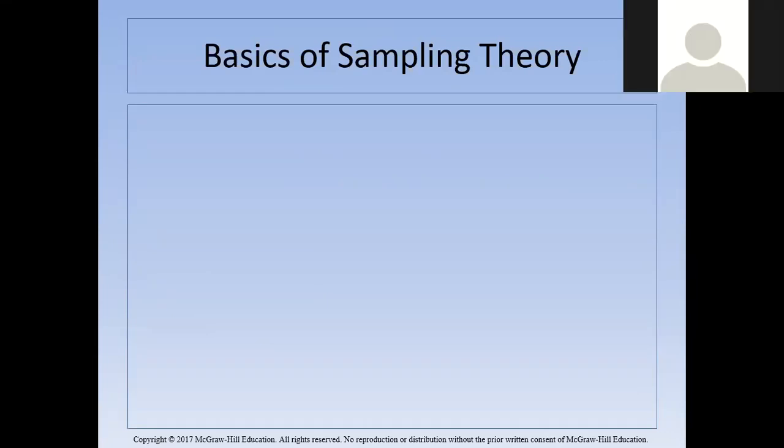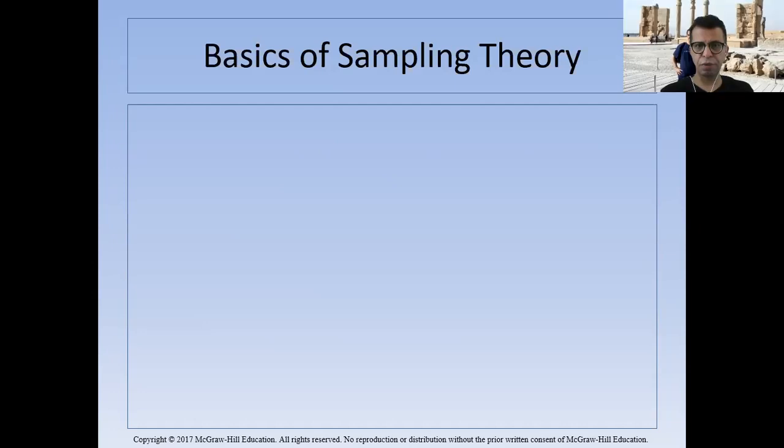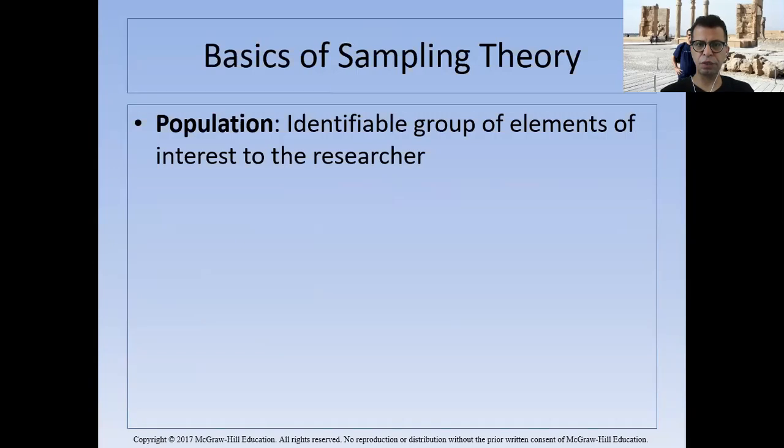The basic sampling theory starts with the population, an identified group of elements of interest in a research.